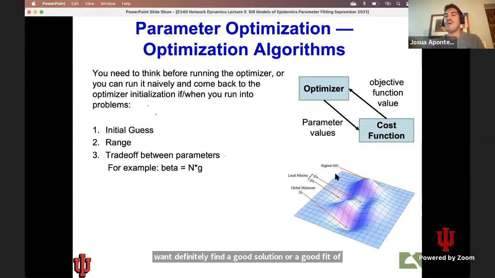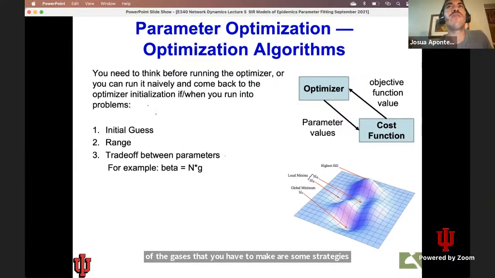So the range that I'm allowing the optimizer to explore has to somehow include the minimum, without you actually knowing that the minimum is in there. So that's a little bit of the guesses that you have to make. There are some strategies around that.